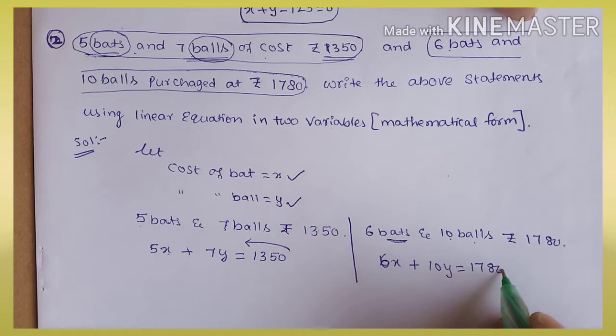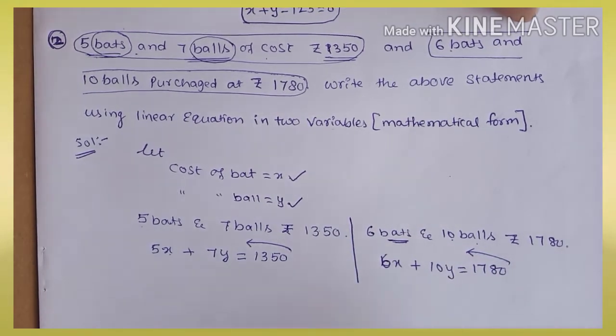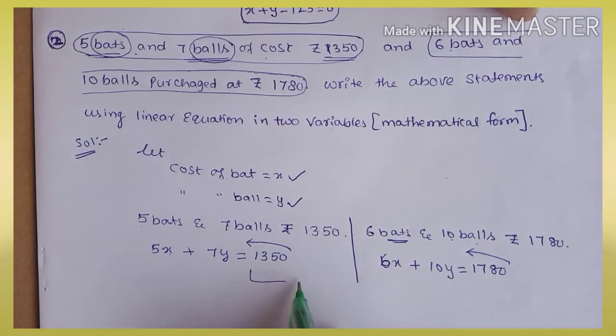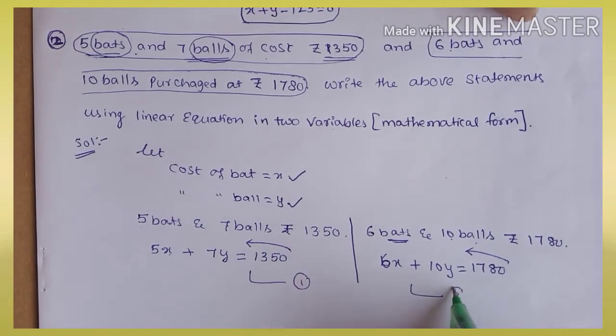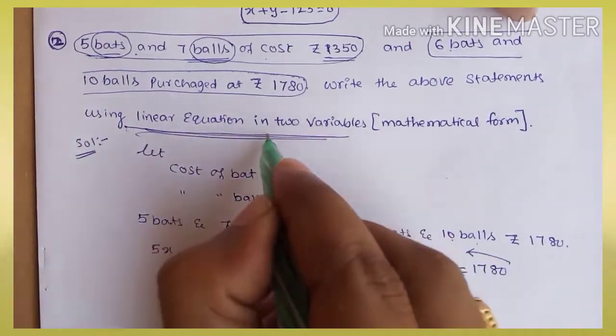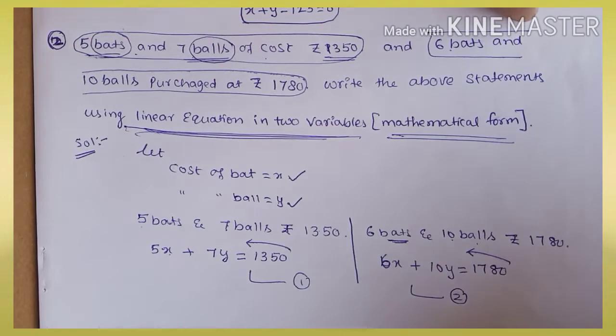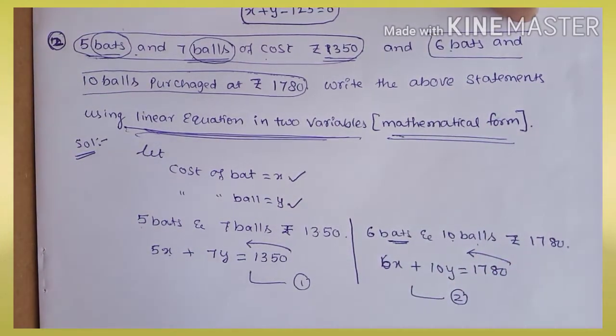Total cost is equal to 1370. If you want, you can transpose plus as minus. This is called equation 1. This is called equation 2. Expressing in linear equations in two variables form, or mathematical form. Okay students, let's go for the next one.